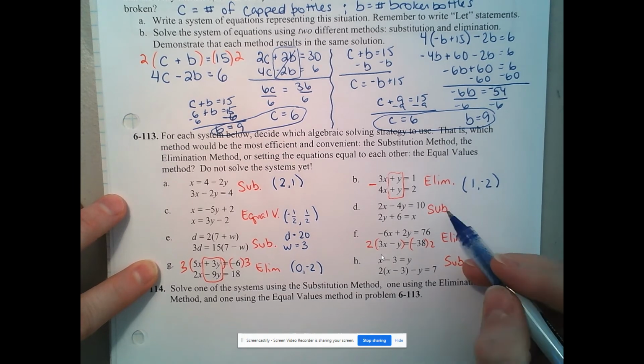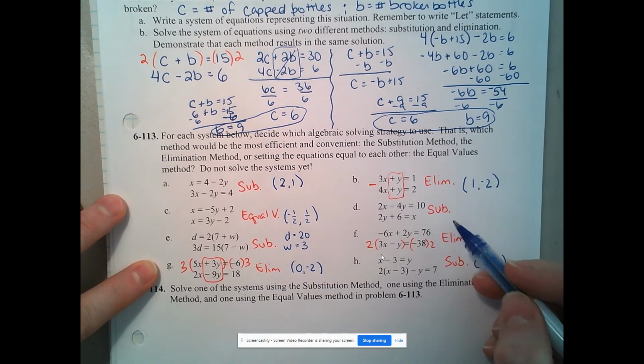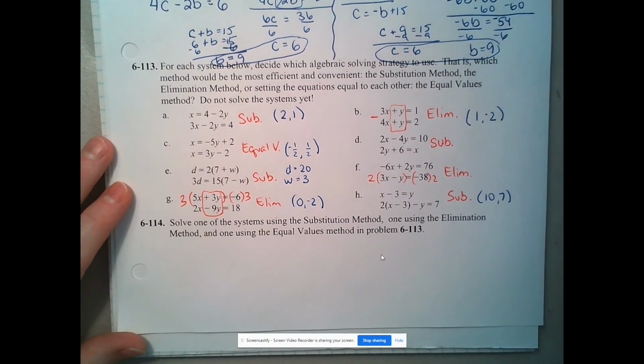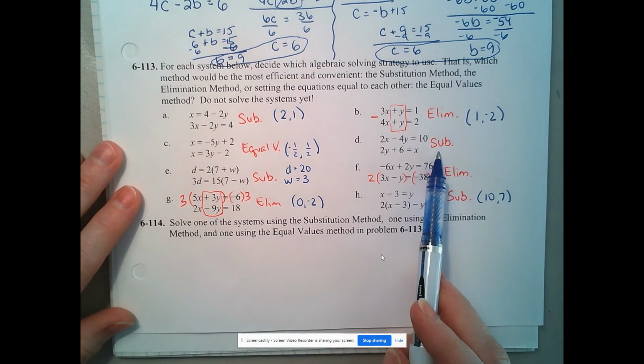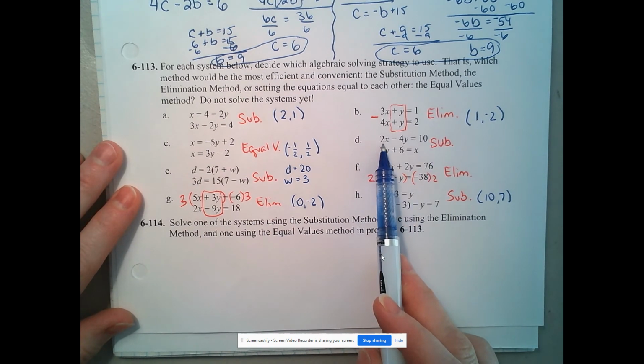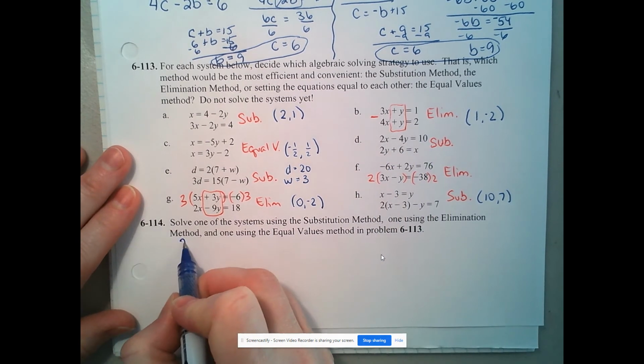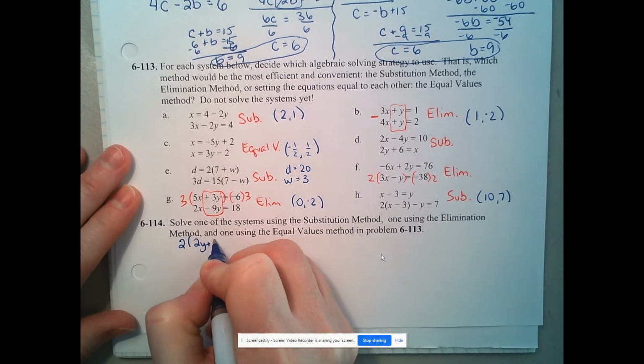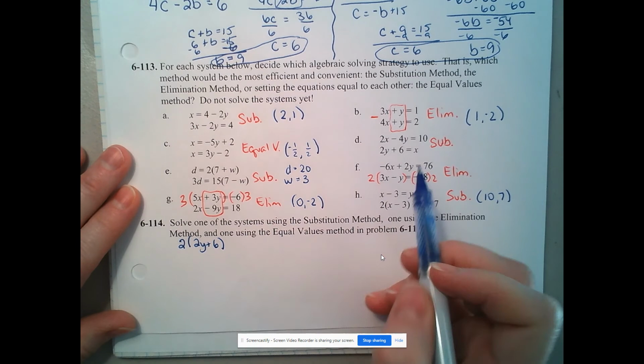What I do want to do are D and F. And that's because D and F are the sort of unique ones that tend to cause problems that people think they've done something wrong. So D, we said we were going to go with substitution. So the first equation, 2x minus 4y equals 10, I'm going to do 2y plus 6 substituted in place of the x.